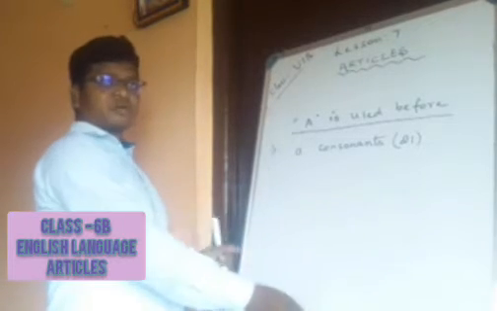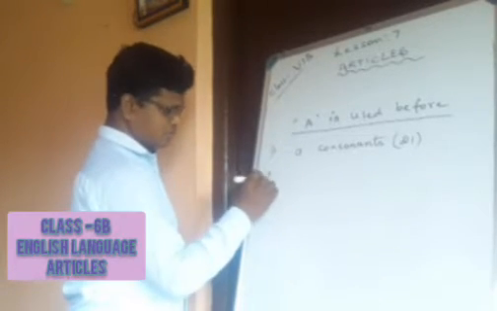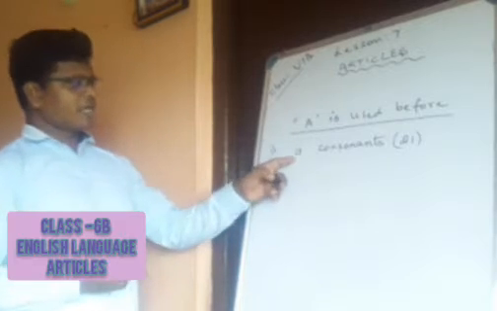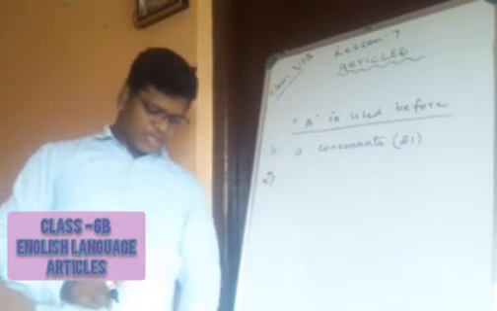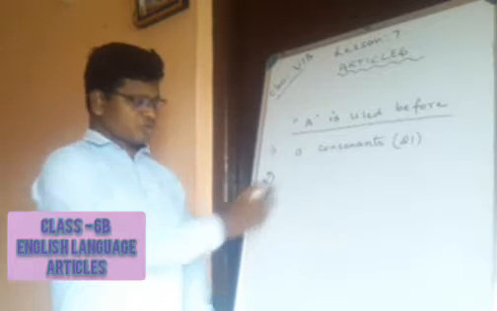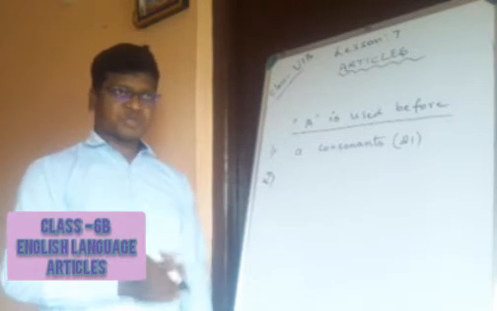Now we are going to talk about a different thing. The second rule of a, where to use it. Let us write it down so that you can also see.